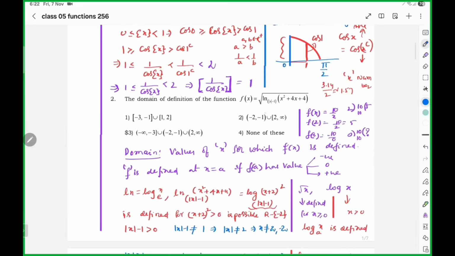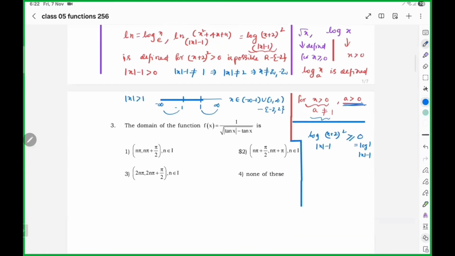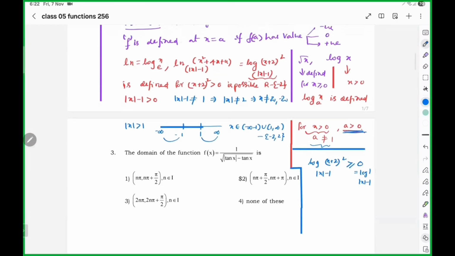If it is less than 0, root of negative is not defined. This one I can write as log 1 to the base mod x minus 1. The problem which I chose is lengthy, but it includes all the properties and definitions.